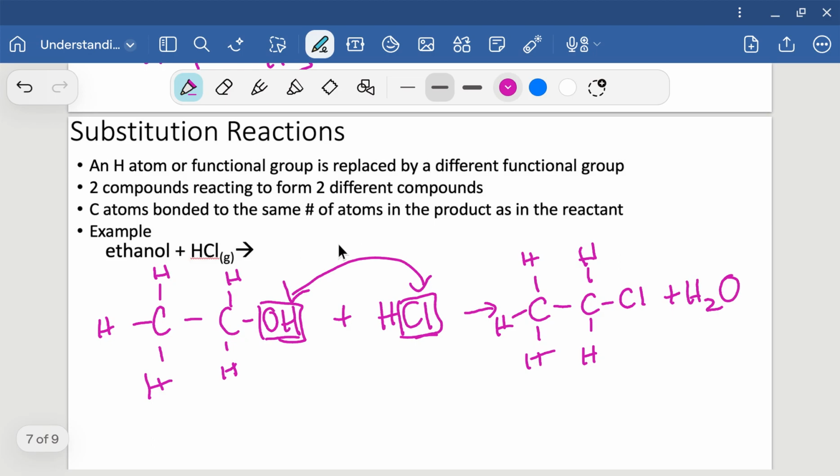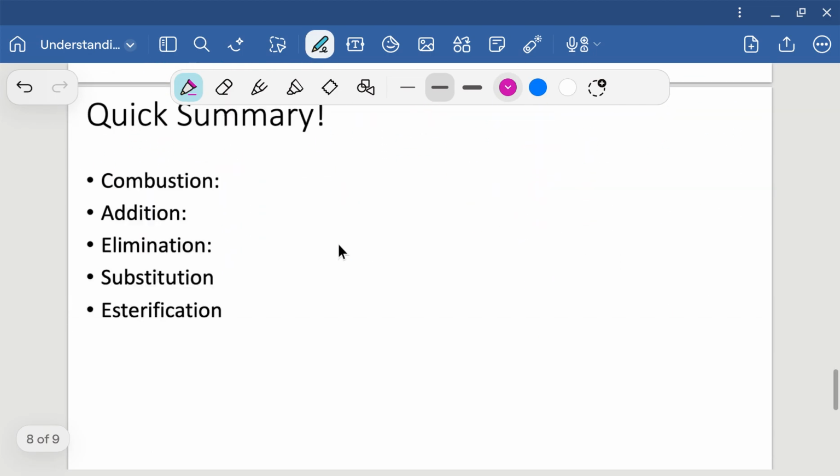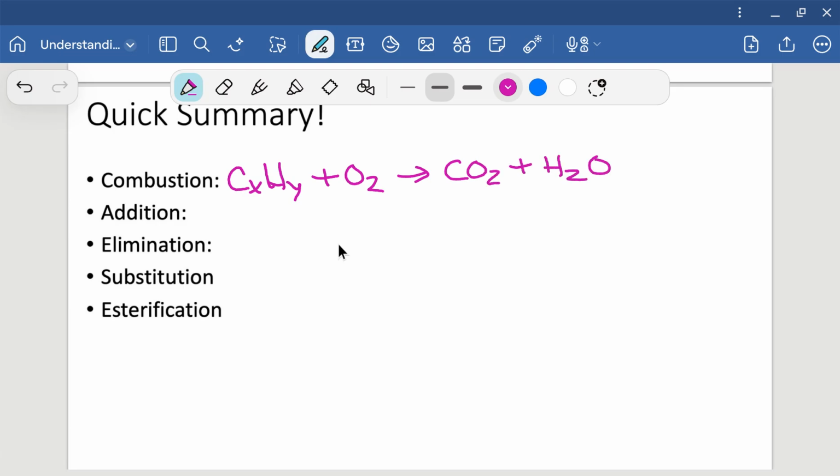So those are our 5 types of reactions. So just going through that one more time. Combustion, what you're used to, that hydrocarbon in the presence of oxygen forming carbon dioxide and water. Addition reaction is when you have a double bond to start and you're adding on a small molecule, and you break that double bond and form just one product.